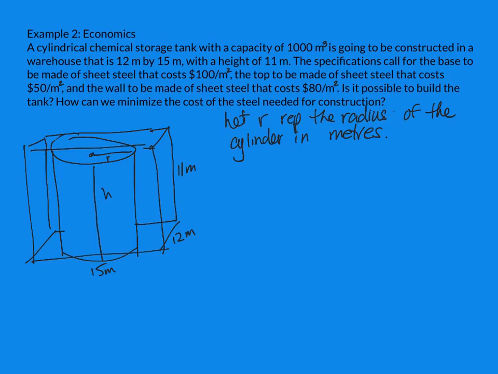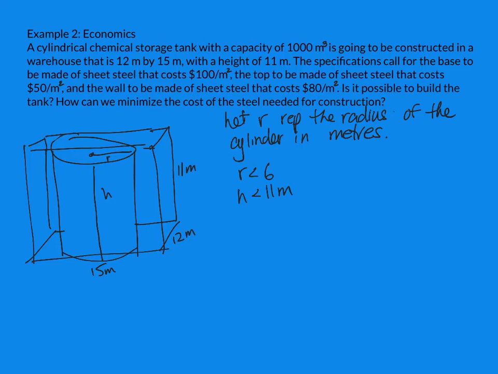So looking at the dimensions of the room, we can see that the diameter of that cylinder can't be bigger than 12 meters. So that actually tells me the radius has to be less than 6 meters. So that's helpful. And we also know that the height has to be less than 11 meters based on the room.